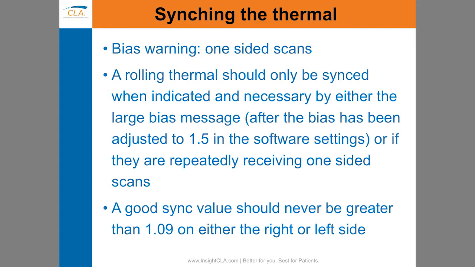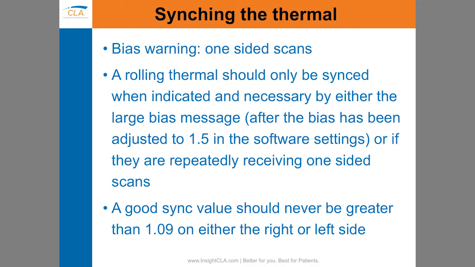So one of the things that is really important in looking at instrumentation is the ability to sync your thermal. It has a left channel and a right channel. So if you're going to be doing precision work, you want to be able to make sure that the left channel and the right channel are talking nicely to each other and one hasn't come out of sync.